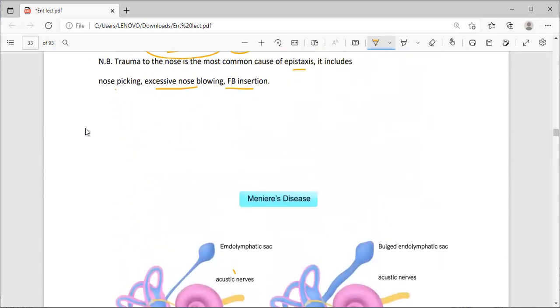Suppose I am taking out this semicircular canal, and there are three semicircular canals. I am taking out the posterior semicircular canal, or any one. Just forget the posterior semicircular canal. I am telling you about the semicircular canal.